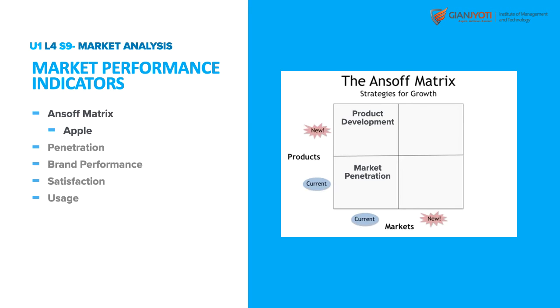Then we move on to the second level, which is product development, wherein we try to introduce a new product in the current market only. Then we move forward and try to go to a new market with the existing product or products.